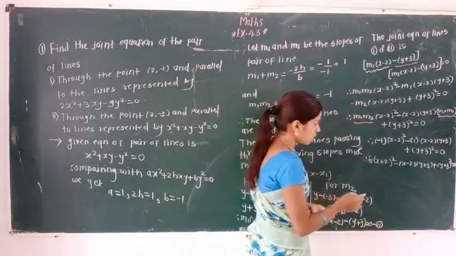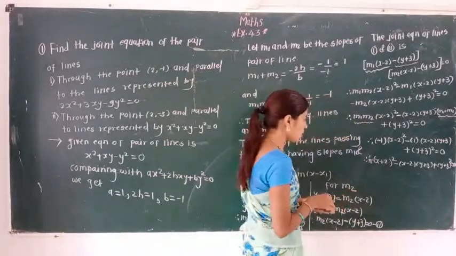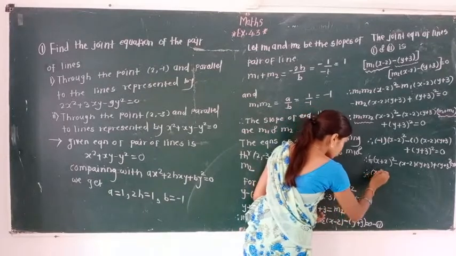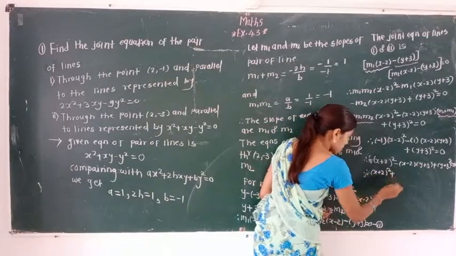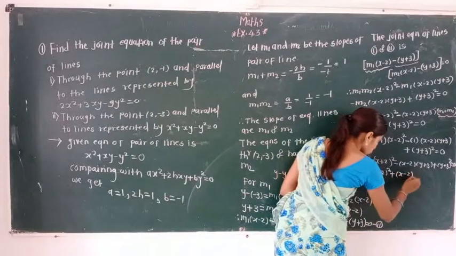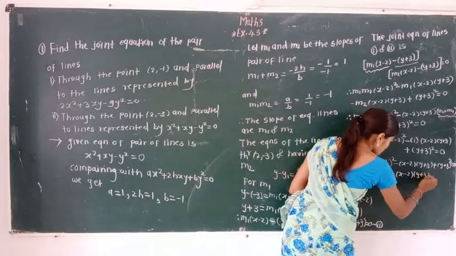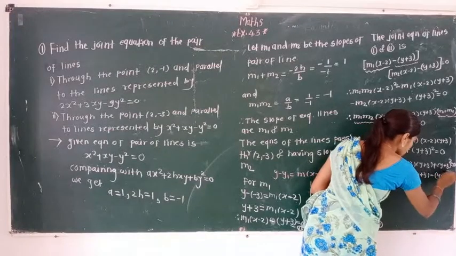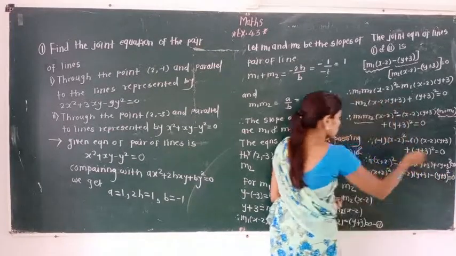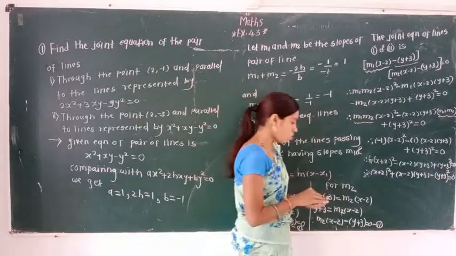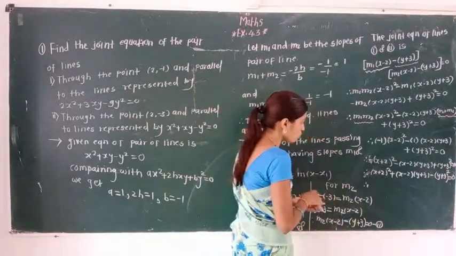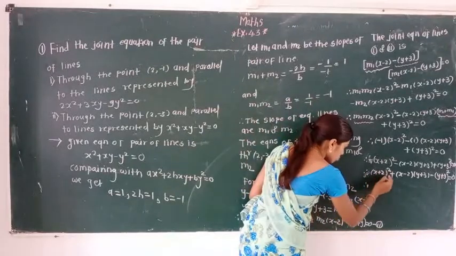Now multiplying both sides by minus 1, we can write x minus 2 bracket square plus x minus 2 into y plus 3 minus y plus 3 bracket square is equal to 0. Multiplying both sides by minus 1. Now simplify this equation.